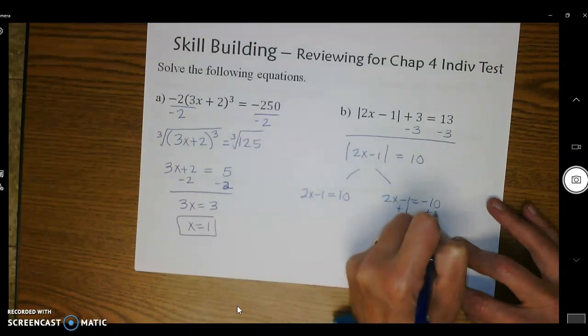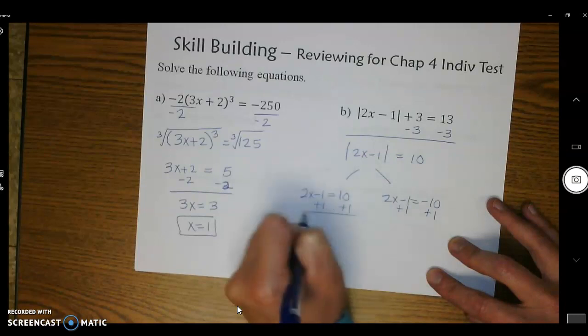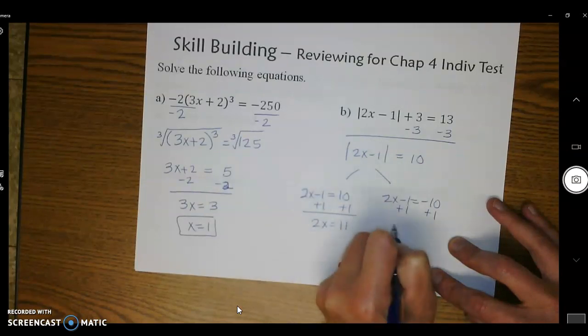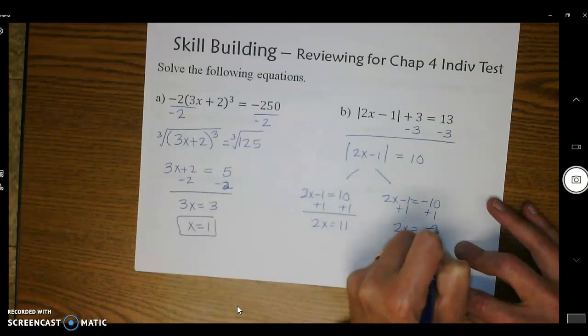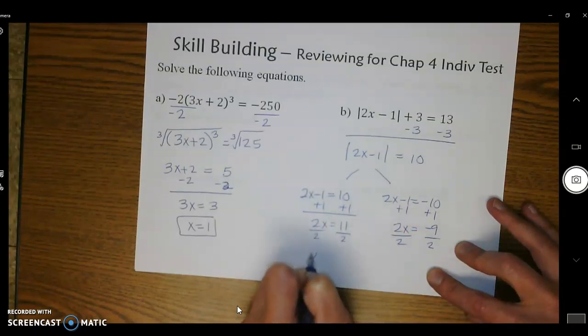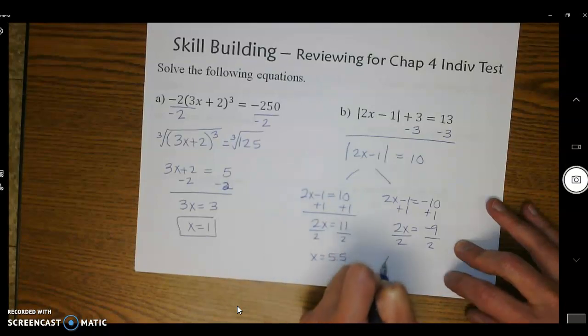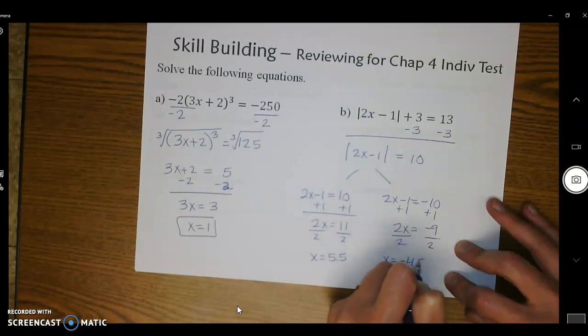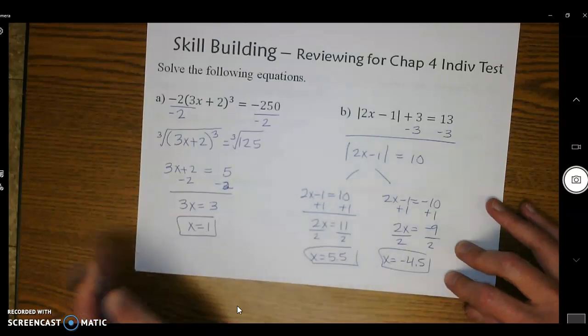Add 1 everywhere. And divide by 2. And there they are.